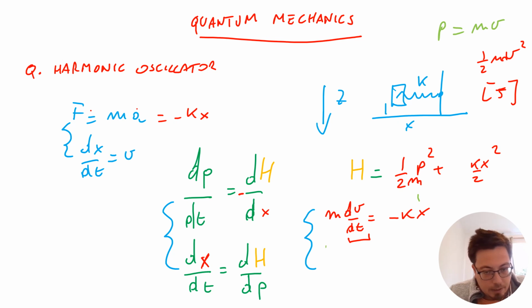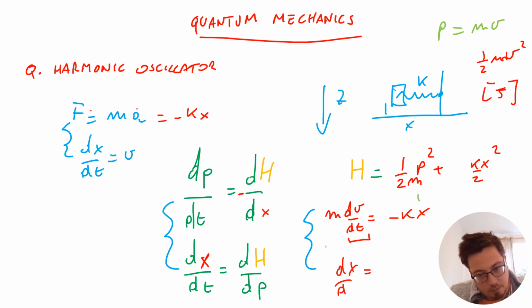And this other equation tells us that the velocity, so the derivative of space over time, is equal to the derivative of H over p. So let's express it correctly. We need to solve it, not to show that it's correct.